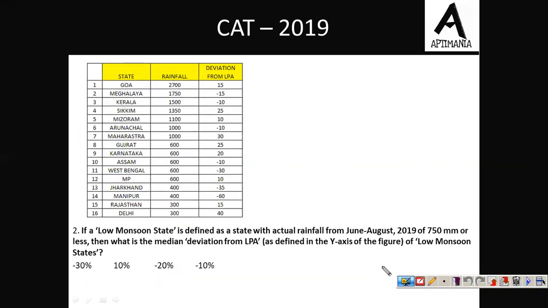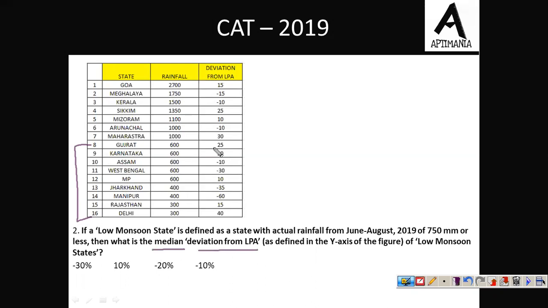Okay, if a low monsoon state is defined as a state with actual rainfall from June to August of 750 mm or less, so 750 mm or less, तो हम जब low monsoon state की बात कर रहे हैं, तो we need to consider from Gujarat till Delhi. All these are low monsoon states. ठीक है, इनका जो value है that is less than 750. Then what is the median deviation from LPA?